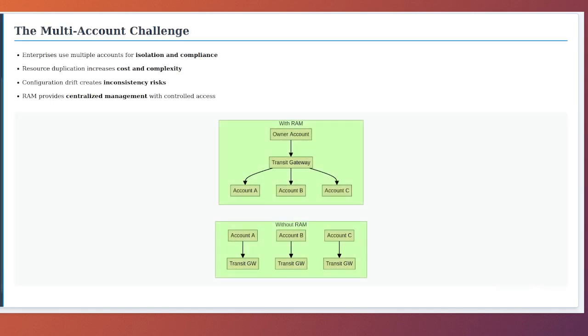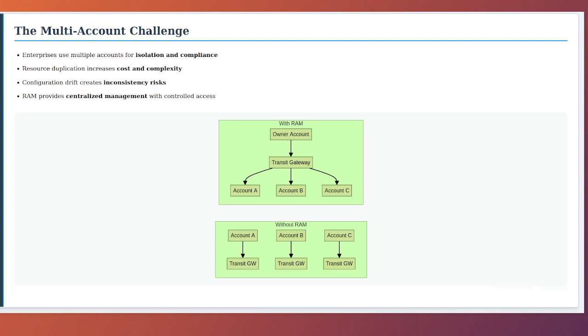The Multi-Account Challenge. Before we dive into how AWS RAM works, let us understand the problem it solves. Modern enterprises typically operate multiple AWS accounts for various reasons including security isolation, billing separation, compliance requirements, and organizational boundaries between teams or business units.